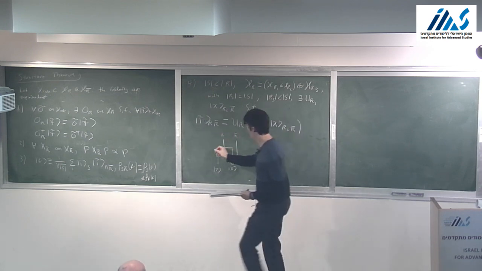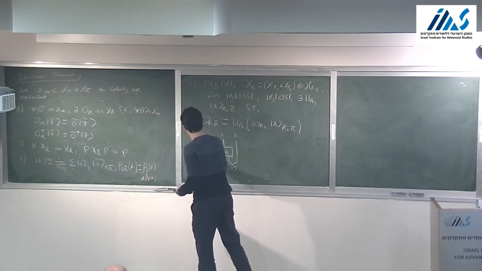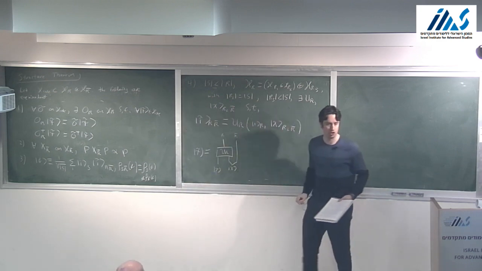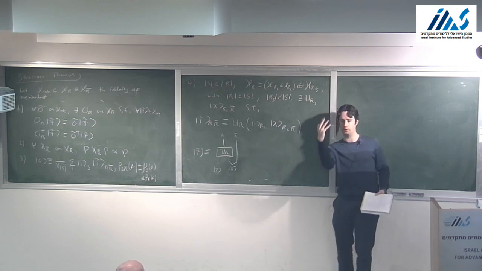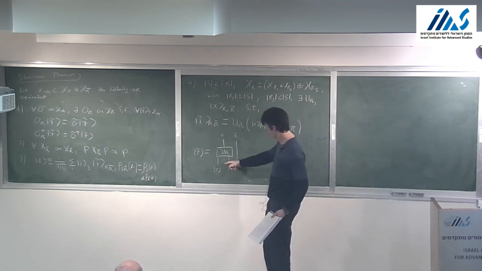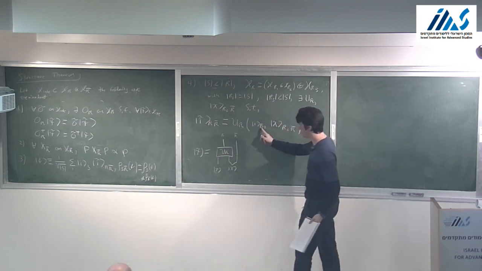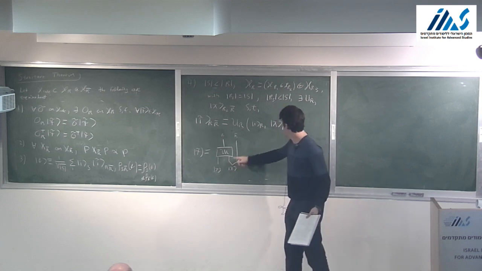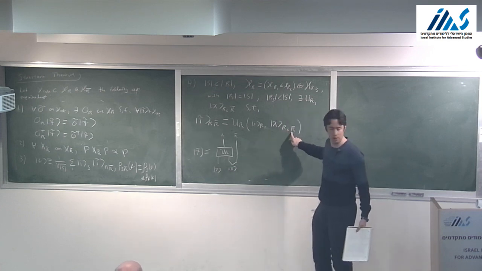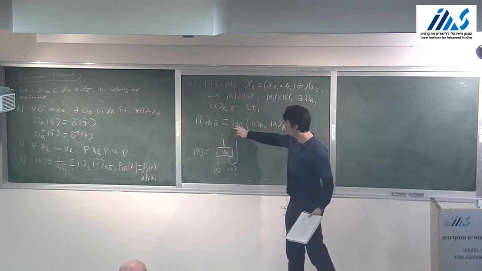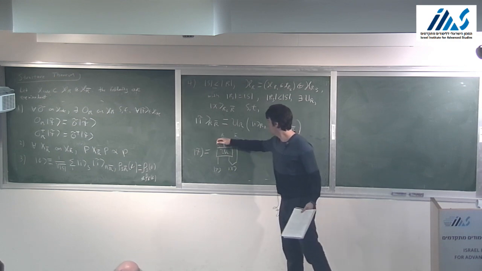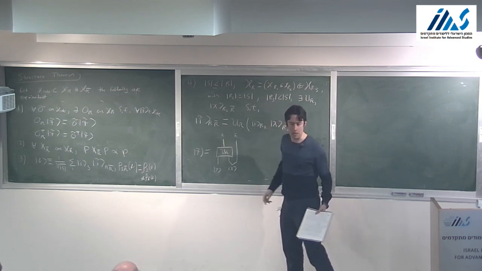This circuit gives you psi tilde. In these diagrams, the subsystems are lines going up. So I feed in psi into this subset of R, I feed in chi into the rest of R and R bar, and then I act with the unitary UR up here. And this prepares the encoded state.